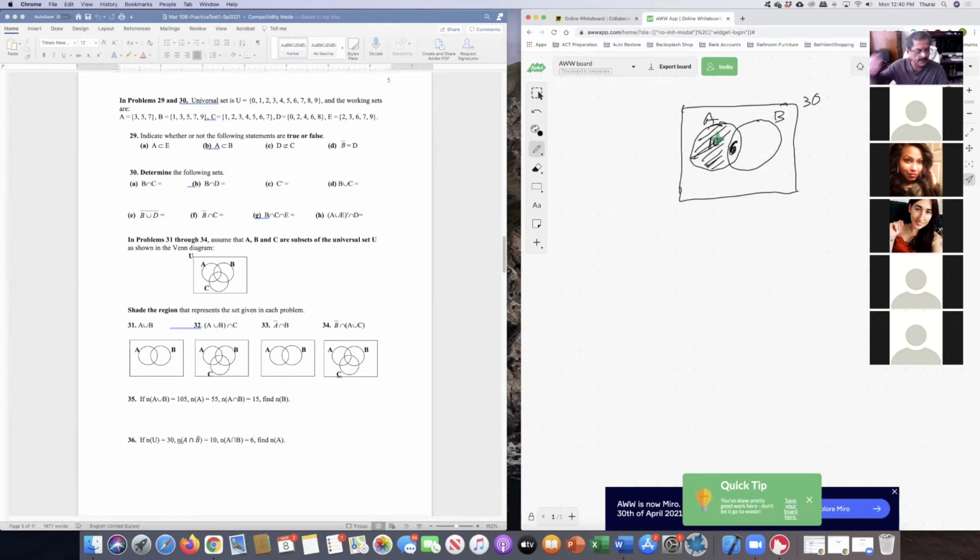And the question is, what is count of A? Now you can see the count of A. 16. So 16 is the answer.